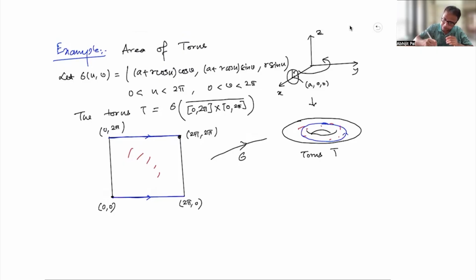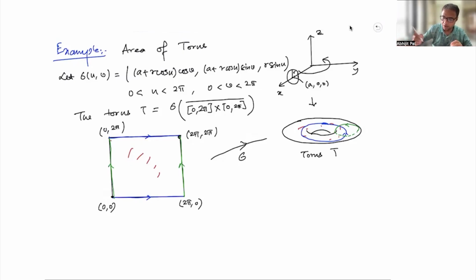And if I take these two vertical sides of the square, they will go to a closed curve like this.